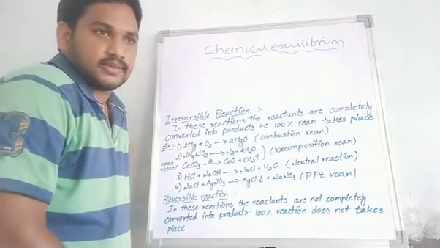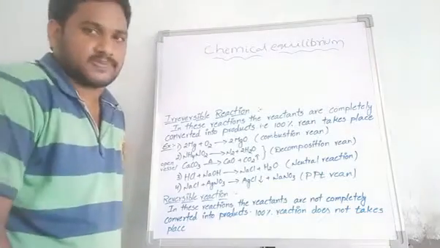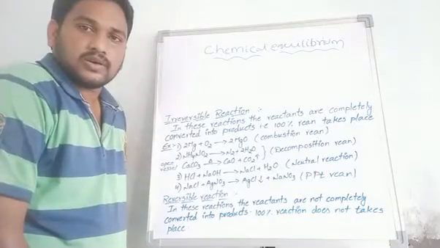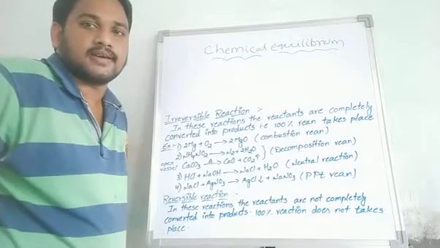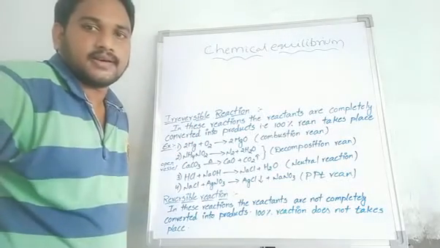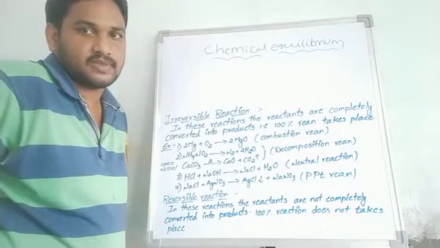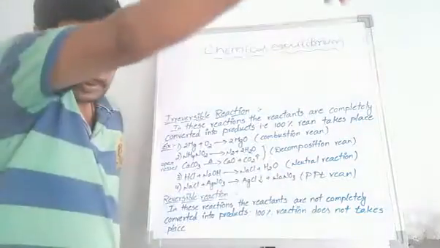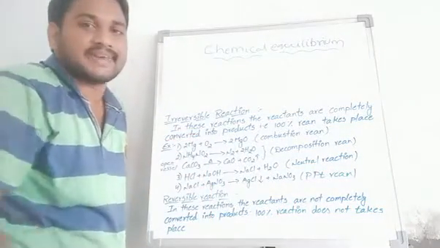Okay. Chemical reactions are generally of two types. One is the irreversible reaction, another one is the reversible reaction. Students, first let us talk about irreversible reactions.